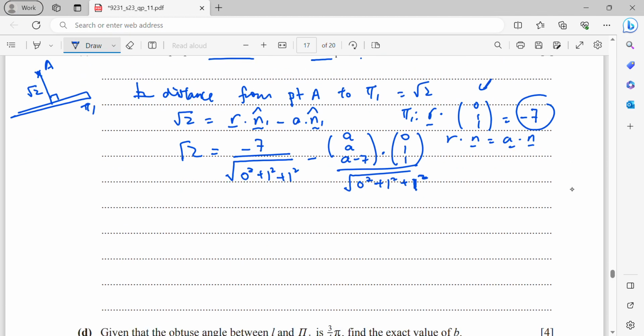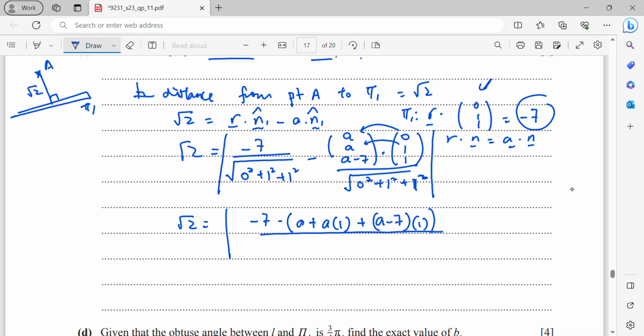So from here I will get square root 2 equals, now the perpendicular distance cannot be negative, so I put a modulus sign to make sure it is positive. So here I will get minus 7 minus, and this one you do expansion. First is 0 plus a times 1, then plus a minus 7 times 1, over square root 2, modulus.